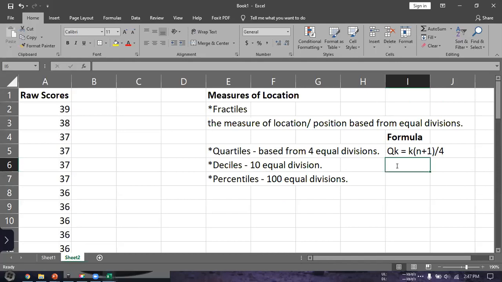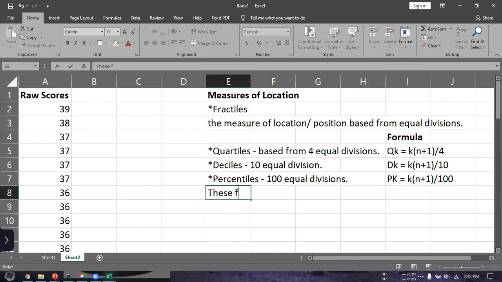Same with deciles, D sub K equals K times (n plus 1) over 10, based from 10 equal divisions. And for percentiles, P sub K equals K times (n plus 1) over 100, based from 100 equal divisions. But take note that this formula only locates the value or the score.